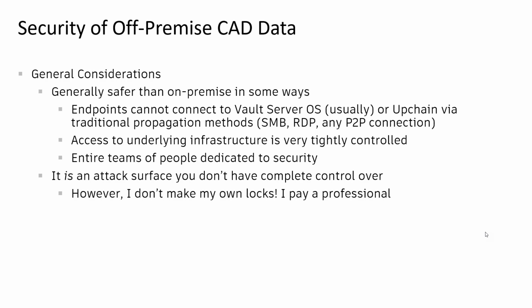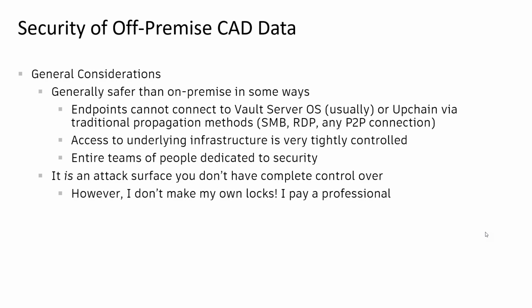And so let's say you get malware on your network and you get a bunch of stuff encrypted. If your Vault server's in the cloud, or if you're using Upchain, the odds are very good that data is not going to get corrupted or encrypted, right? So that will, if nothing else, be one less, and one very important, thing to worry about to recover.